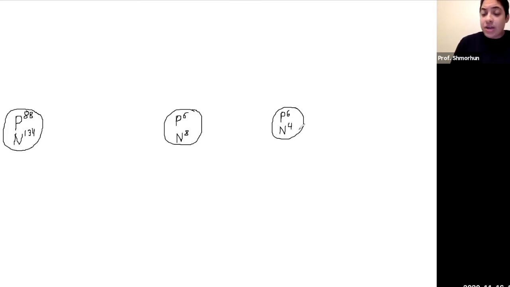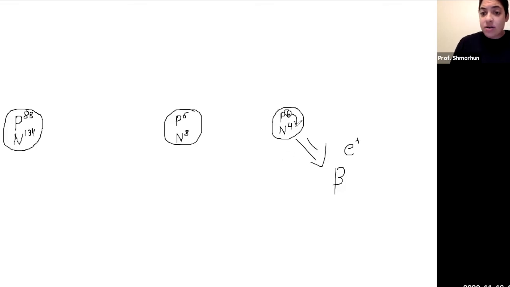So what happens during beta plus decay is that one of these protons will change into a neutron. And in turn, it kicks out a beta particle. And it also kicks out a positron, essentially an anti-electron.